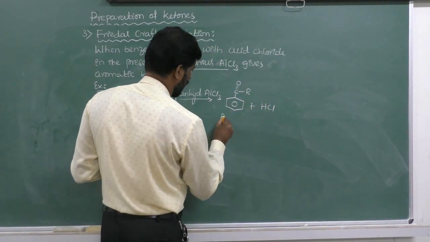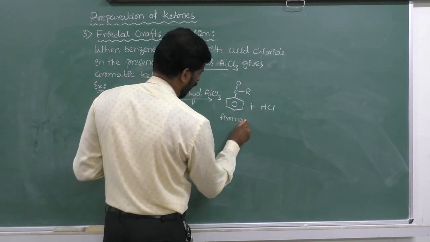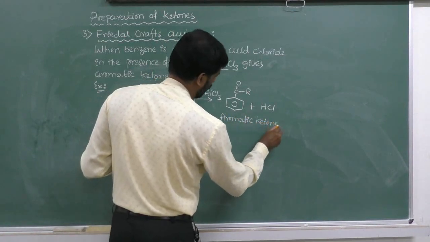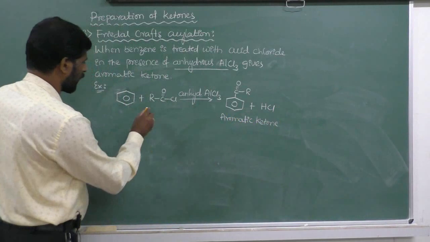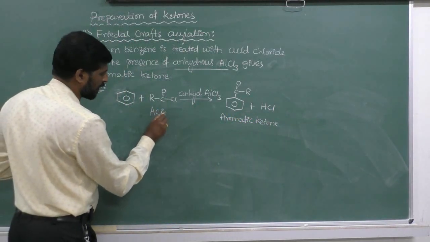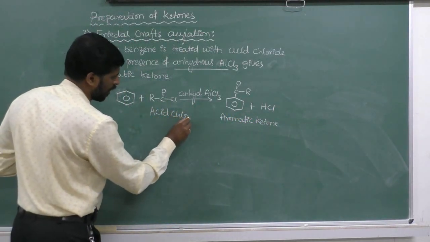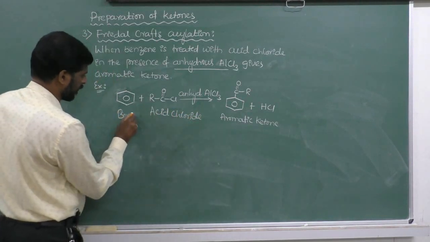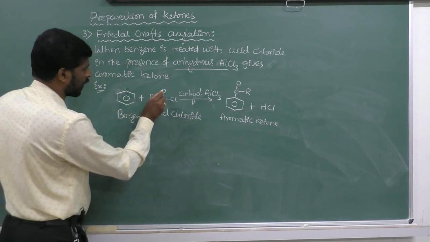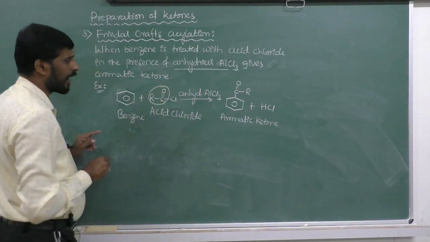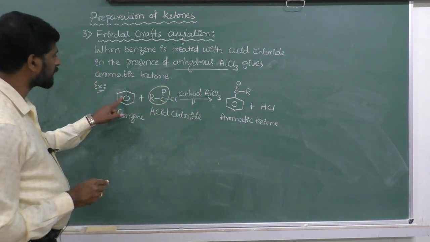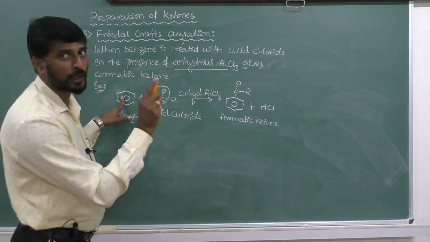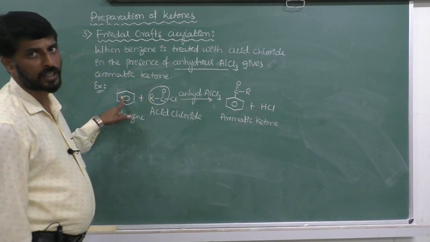This is the aromatic ketone, this is acid chloride and this one is benzene. Now this group is called the acyl group. We introduce this acyl group to the benzene ring. Please remember, it is a typical electrophilic substitution reaction.